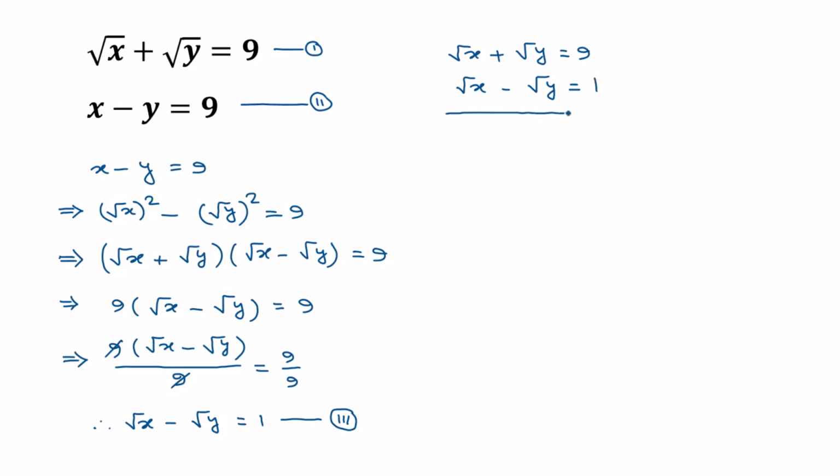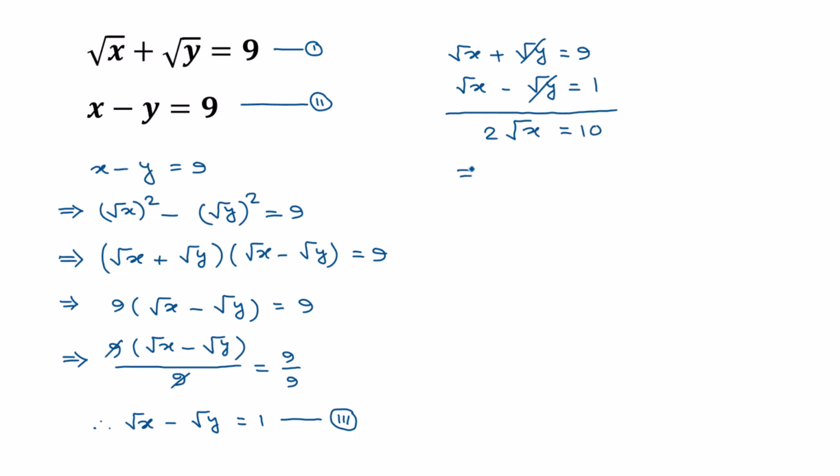If we add these two equations, the square root of y and the negative square root of y will cancel out. It will remain square root of x plus square root of x, so it will be 2 times square root of x is equal to 9 plus 1, this is 10.